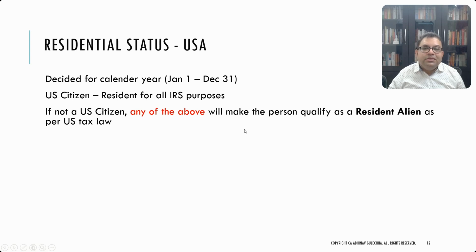So in US there is a concept of resident alien. In layman's terms, this is not our citizen, he is an alien, but he's a resident alien. That means he is somewhere residing, he fulfills any of the criteria. So that's why he qualifies as a resident alien.